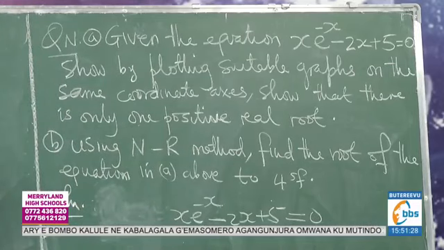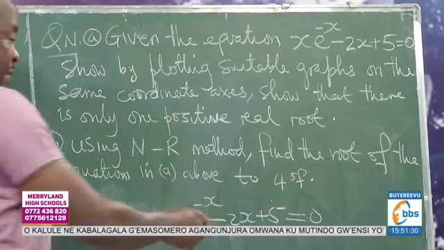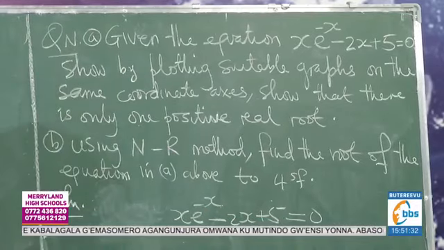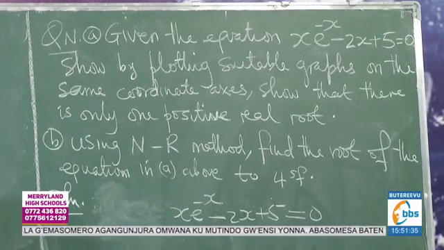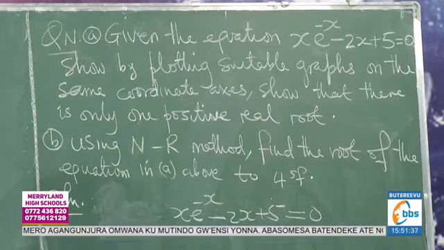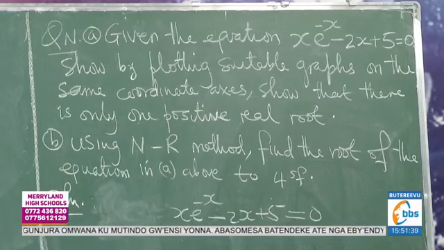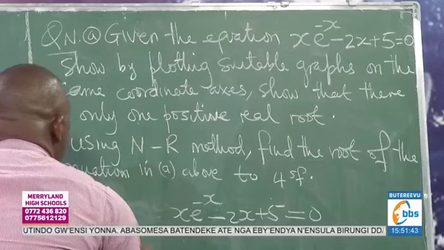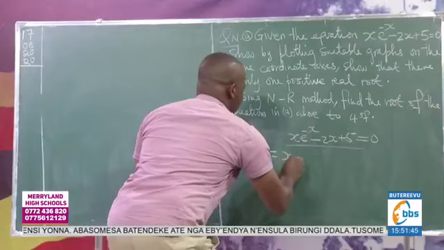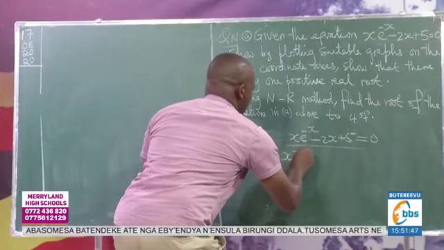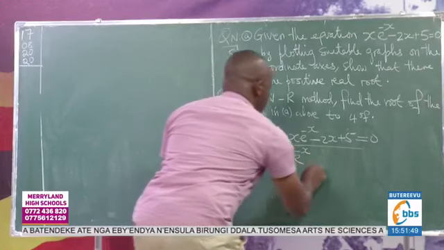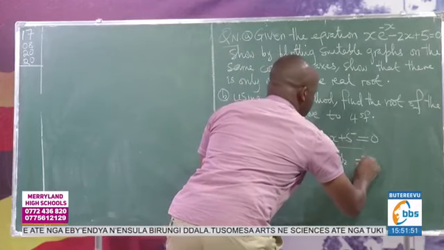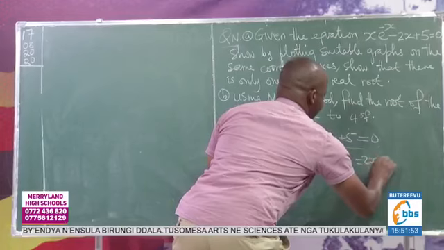By plotting suitable graphs, this expression will be broken into two equations, which I'll call y1 and y2. Let y1 be equal to x e to the negative x, and y2 be equal to 2x plus 5.